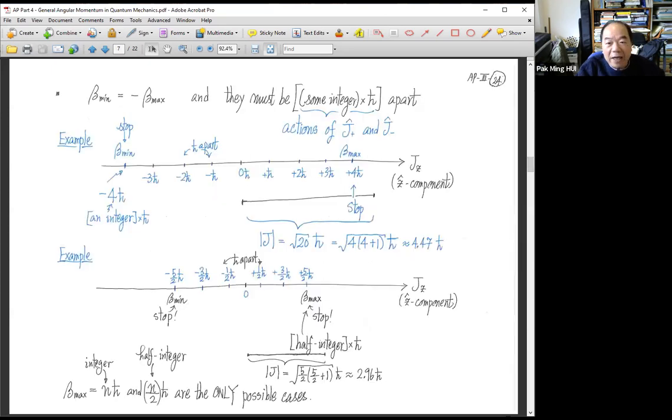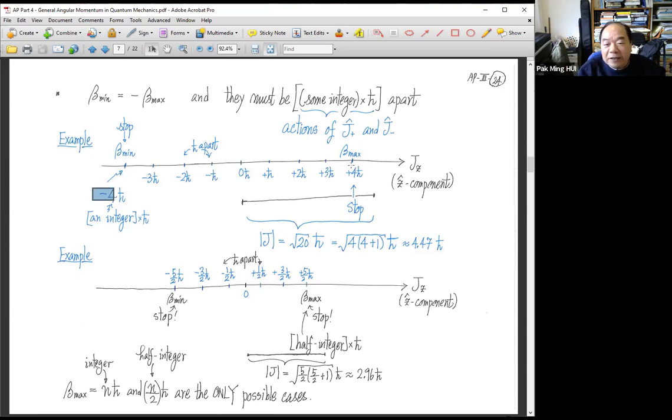Here, okay, on the previous page. What we got is that the maximum value and the minimum value must be off by a sign only, like plus something, minus something, okay? And there are only two possibilities in mathematics that can be the case.